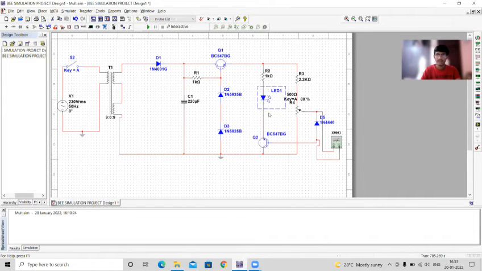And that LED is connected to another transistor, Q2 BC547BG, which is connected to the diode D5 1N4446. So this resistor R2 1 kilo ohm is also connected to another resistor R3 which has value 2.2 kilo ohm, and that resistor is connected to another potentiometer which has value 500 ohm.